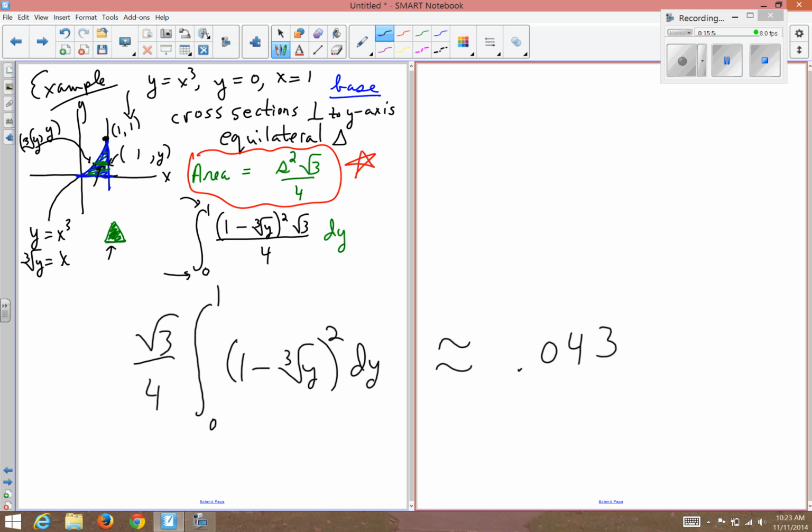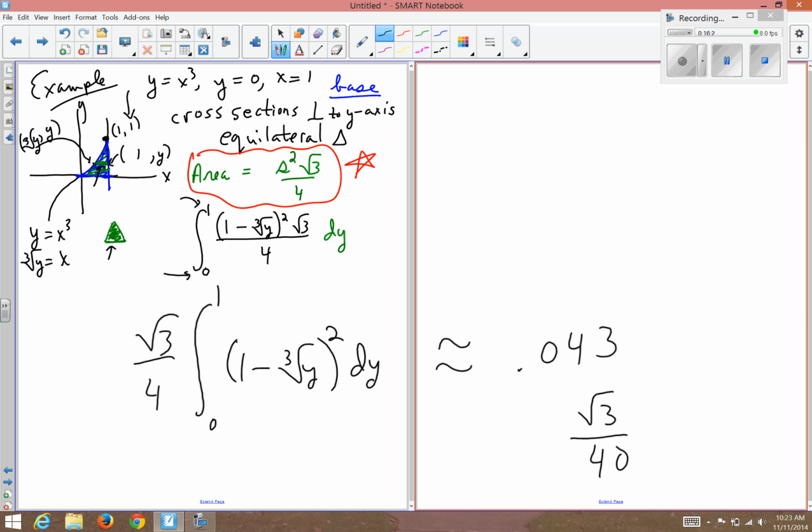If you do this without a calculator, which would mean you square this binomial, multiply 1 minus y to the 1/3 times itself, and then you'd have a few terms, distribute the integral sign, distribute the radical 3 over 4.